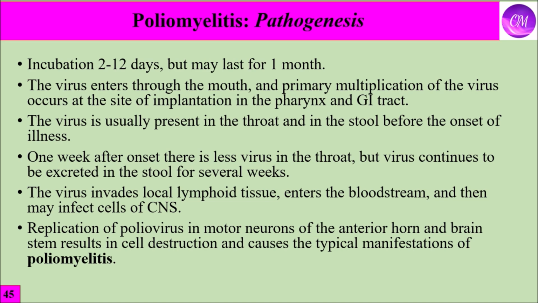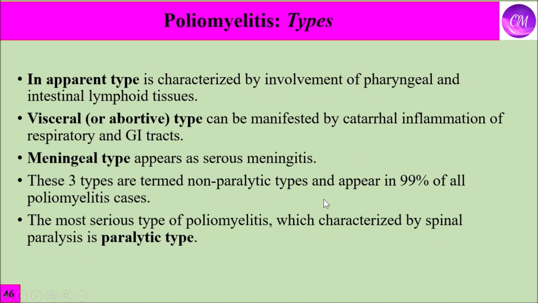The virus invades local lymphoid tissue, enters the bloodstream, and then may infect cells of the central nervous system. Replication of poliovirus in motoneurons of the anterior horn and brain stem results in cell destruction and causes the typical manifestation of poliomyelitis.